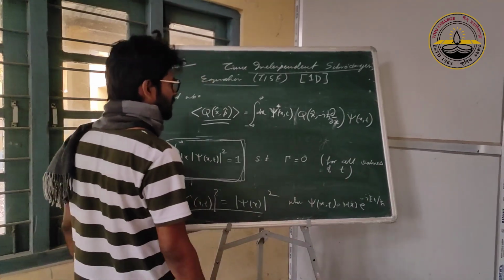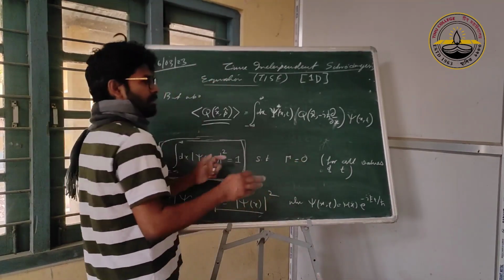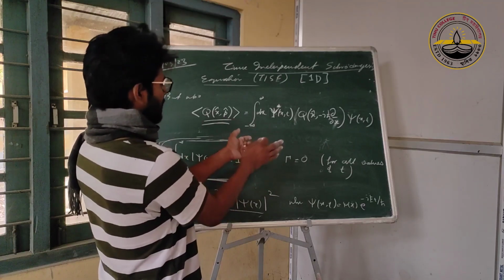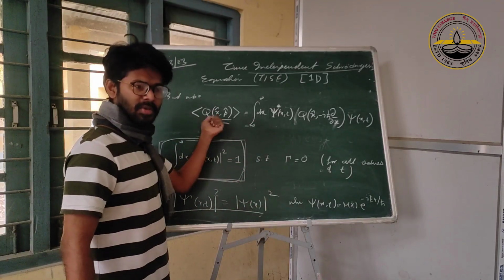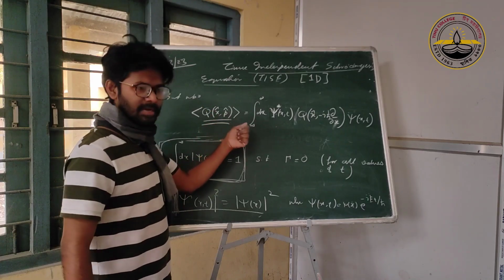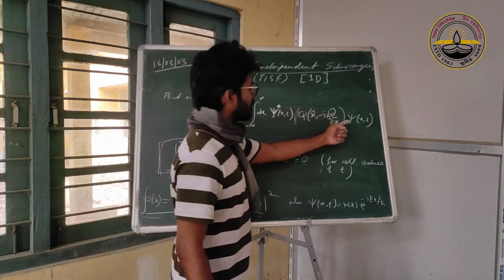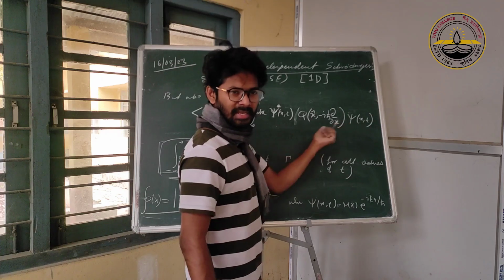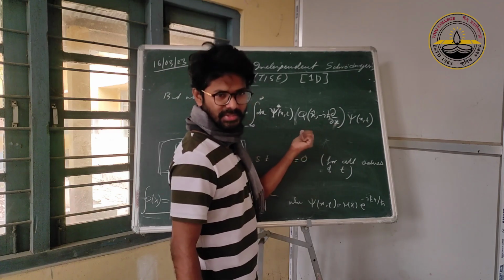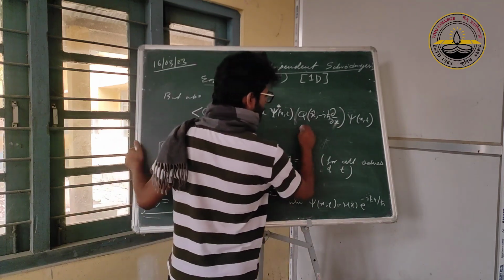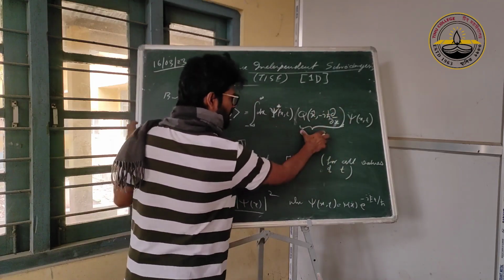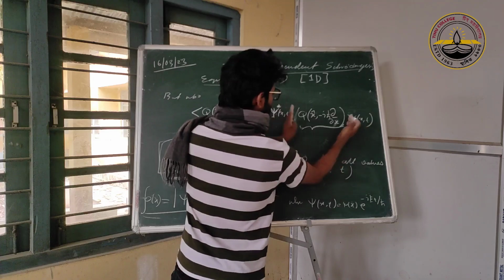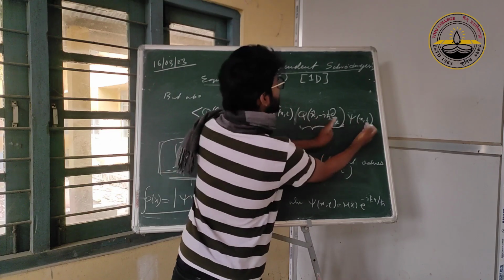So in quantum mechanics, we have an operator corresponding to position and an operator corresponding to momentum. These operators act on the wave functions and give us some values. We calculate the expectation values of the operators this way, with the operator sandwiched in the middle between psi star and psi.